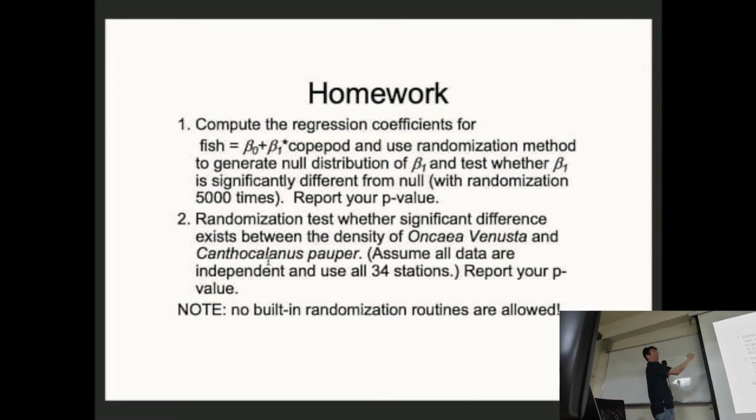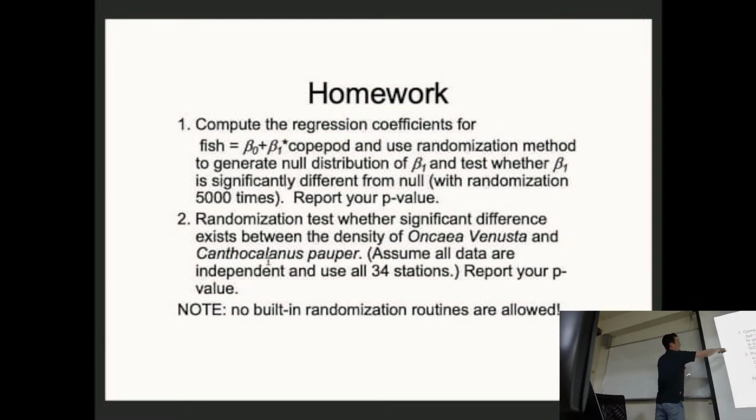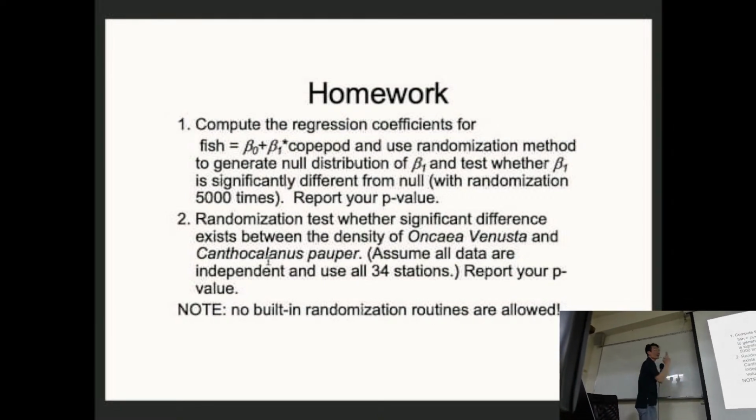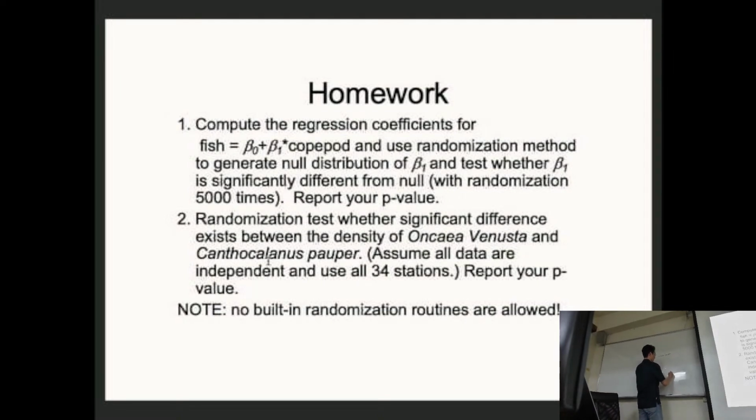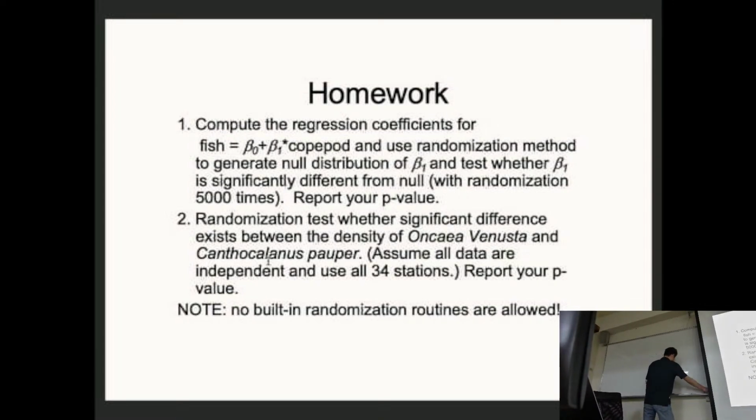If the observed beta 1 is outside this distribution, the p-value is this, right? And if among the 5,000 times, some randomized beta 1 are bigger than your observed beta 1, then the p-value is exact, right? Exact.